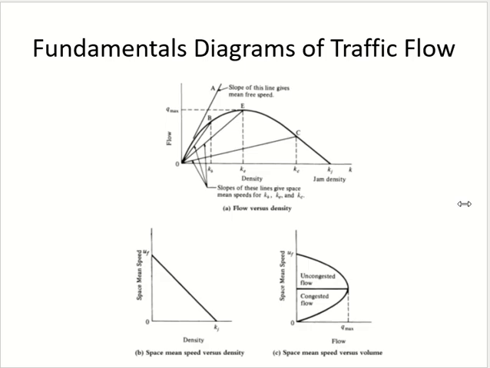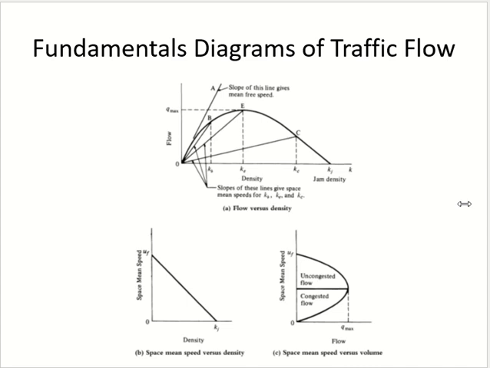Then we are only left with the last figure on the top, which is between flow and density. So here we are starting from 0. Flow is 0, density is 0, nothing on the road. More cars come, flow increases, density also increases.